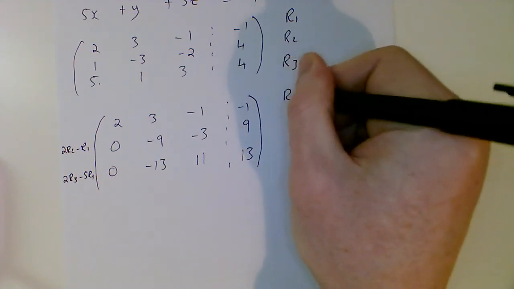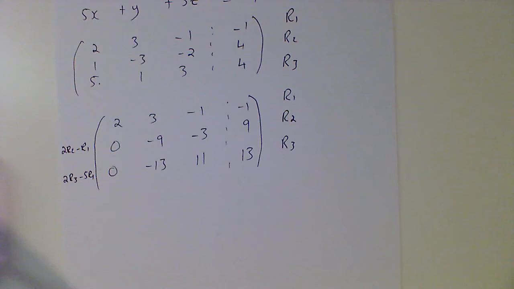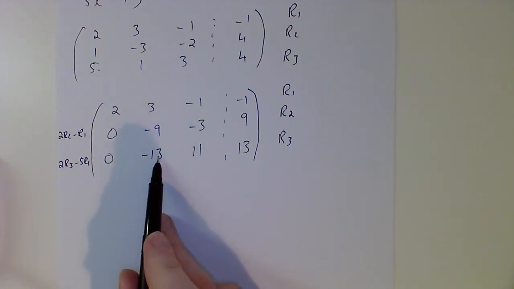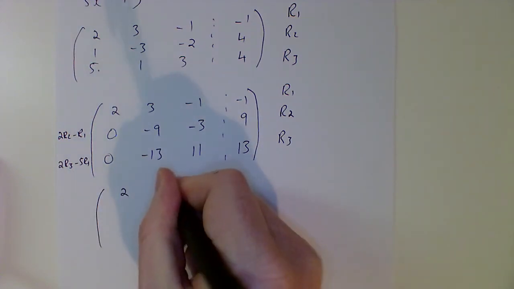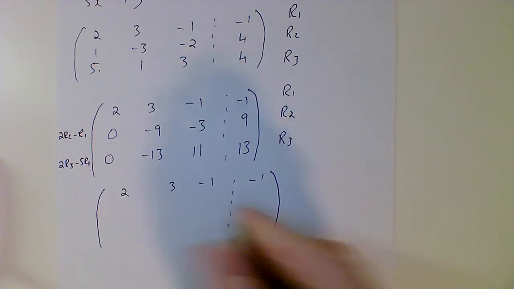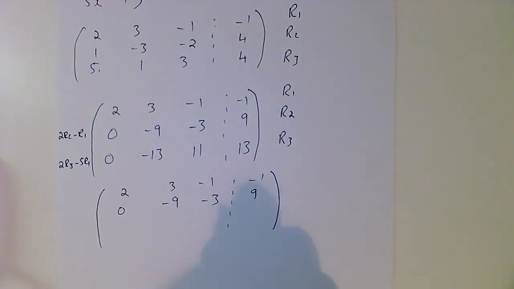So R1, R2, R3. Now, see, sometimes if you just do the first two moves, it may fluke it and you may get a 0 in there as well. If that happens, great. Right. I don't need to do anything else, but it's not 0, so I need to make it 0. So 2, 3, -1, -1. 0, -9, -3, 9.